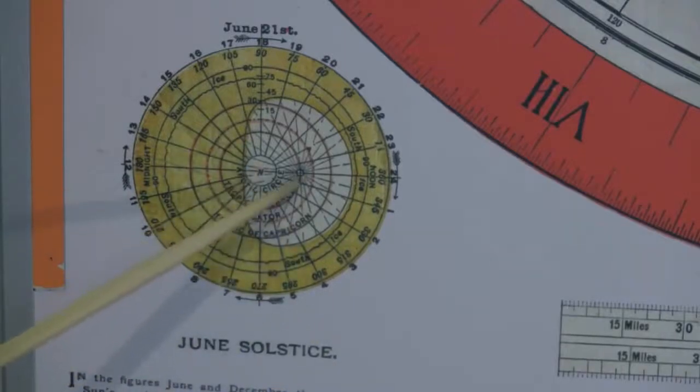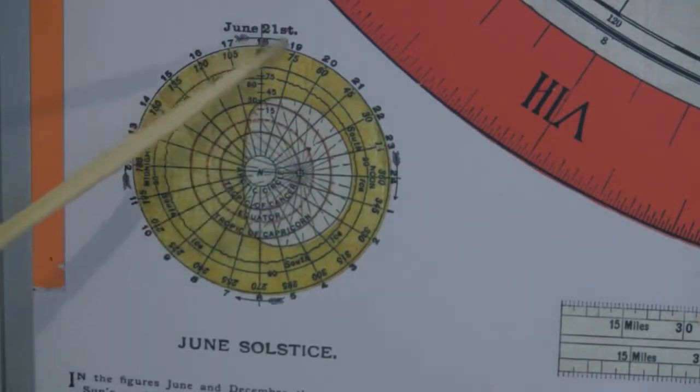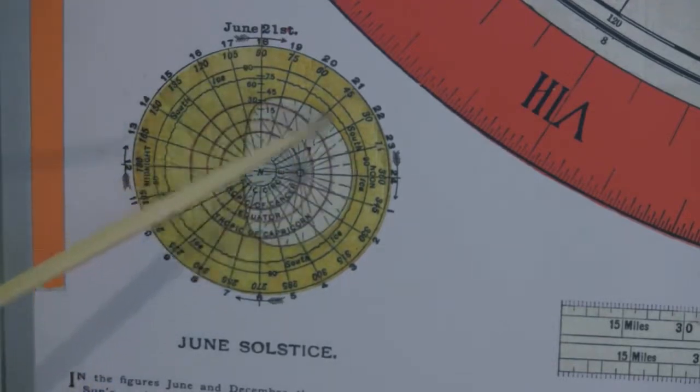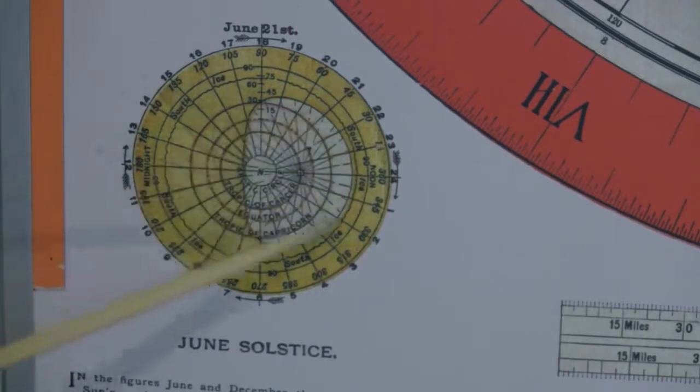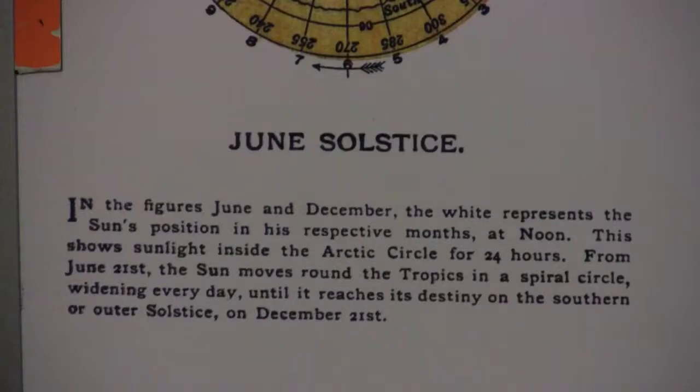The sun is on the Tropic of Cancer, and on 21st of June it reaches its maximum, and you can also see where the sun illuminates the area. The Gleason's map is scientifically and practically correct. It's written on the map.